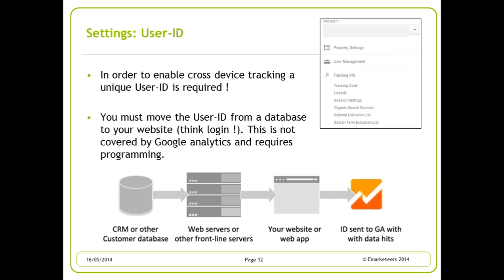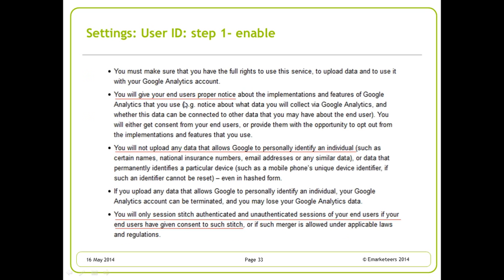So in order to initiate it, Google asks you to accept the conditions that Google puts forward for using this user ID. It all has to do with privacy. You cannot use or pass on any personally identifiable information in this user ID.